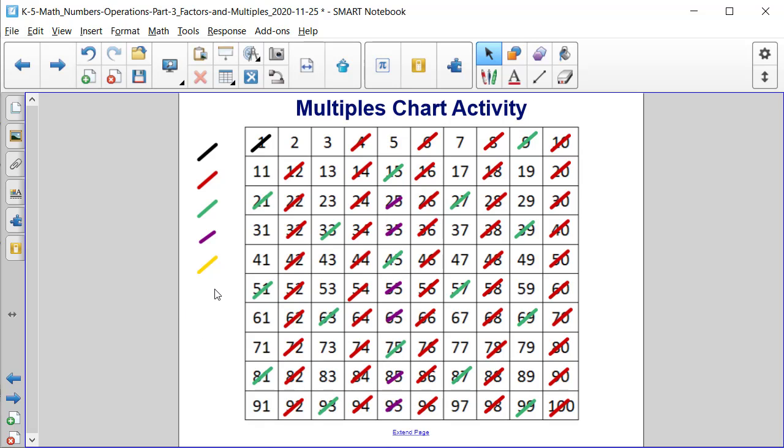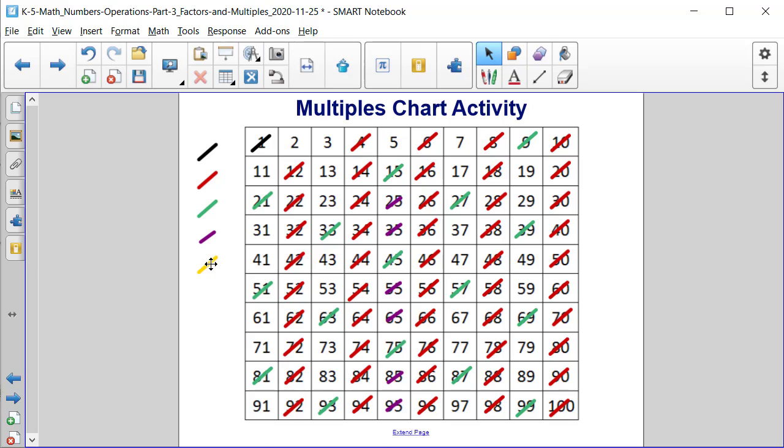Okay, now multiples of 6. 6 is divisible by both 2 and 3, so the even numbers that are divisible by 3 are also divisible by 6, so they are all crossed out by now. So next we look at the multiples of 7.